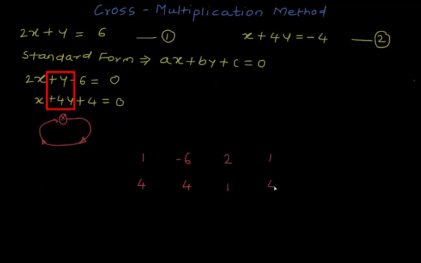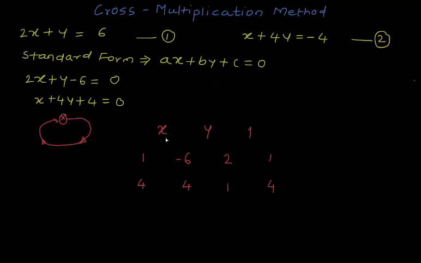This way, we have written down the coefficients of all the terms in both equations. Now the first pair will represent x, the second pair will represent y, and the third will represent the constant term pair.